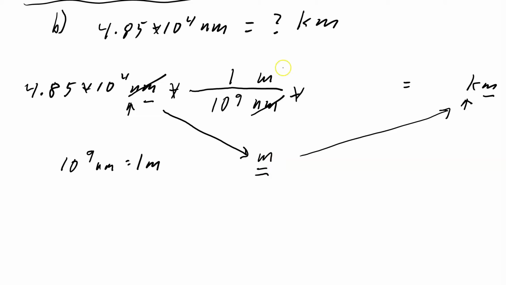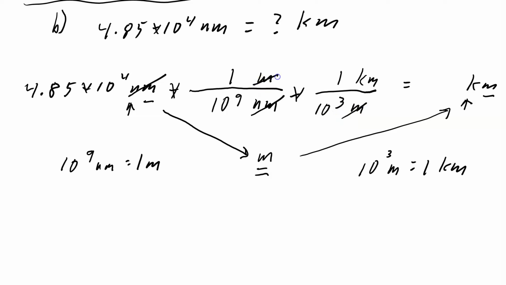Now I'm going to convert meters to kilometers. We know there are 10 to the 3rd meters in 1 kilometer. So my conversion factor here is going to require I have meters downstairs, kilometers upstairs. So I've got 1 kilometer upstairs. I've got 10 to the 3rd meters downstairs. My meters cancel. I'm left with kilometers, which is the unit that I want for my answer.